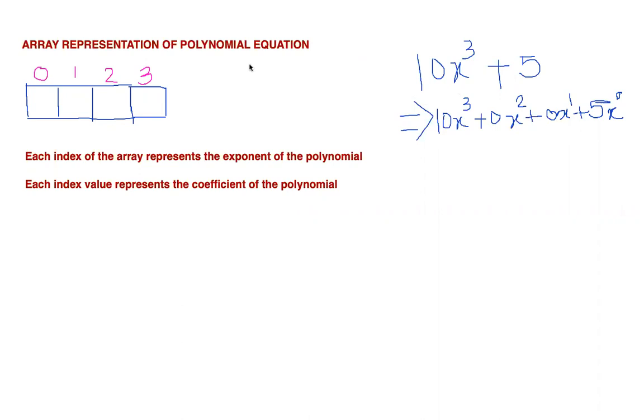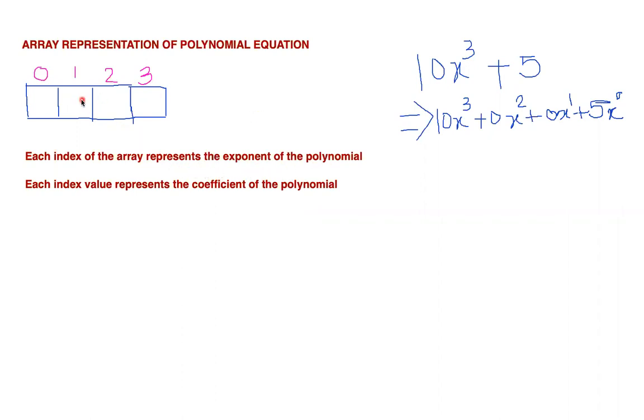In case of array representation, it is represented as a one-dimensional array where each index of the array represents the exponent of the polynomial.